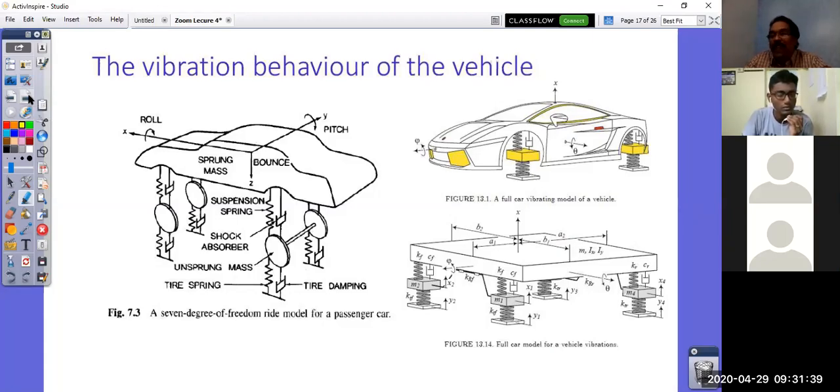I can go up to 54 degrees of freedom for that vehicle. So I have occupants inside, their seats. If I see all the occupants as another 4 masses, so their degrees. Like that, I can keep increasing the degrees of freedom from 7 to describe the whole model with the subjects inside. Subjects here are the occupants, the driver and all occupants.